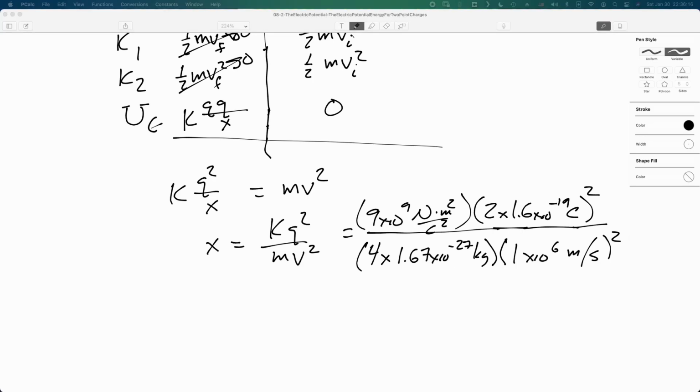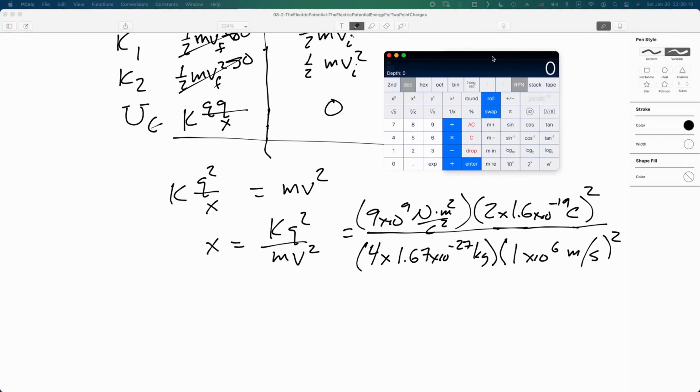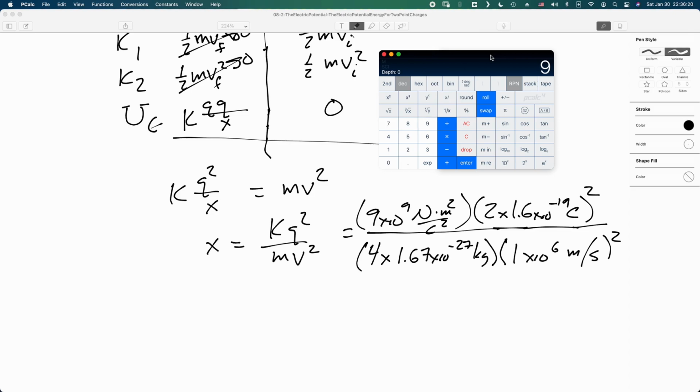So let's go ahead and run this through our calculator. We've got 9 times 10 to the 9. We have 2, and we will have to multiply that by 1.6 times 10 to the negative 19, and then we will have to square that, and then multiply. There we go.